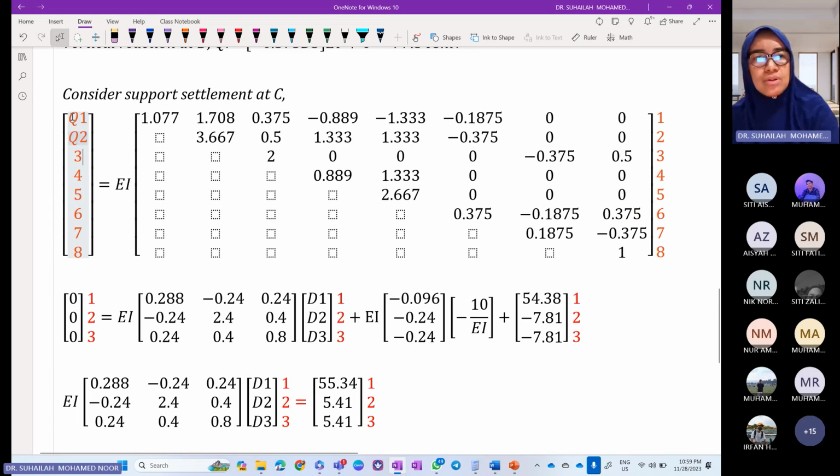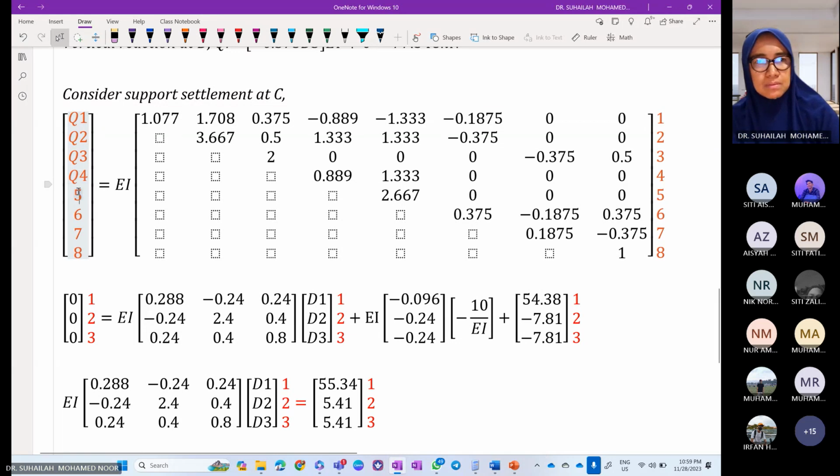Yang full. Yang mana you don't have to give. Benda ni tak perlu tunjuk. Tapi kena nampak. Q5, Q6. Ni 6. Q6. Q7. So this is the theory behind software. So you biasa guna apa? Esteem ke apa ke? So semua actually based on this theory.